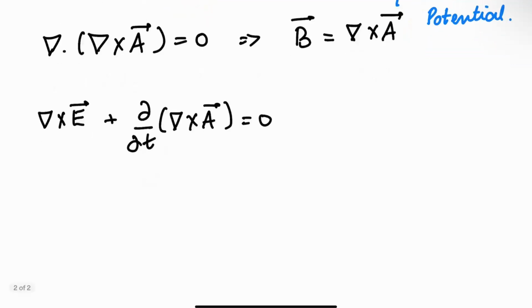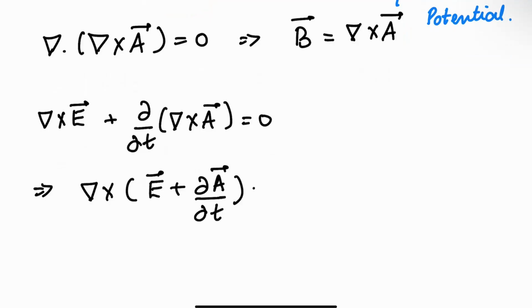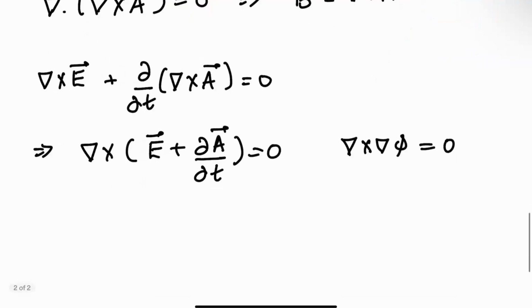Now I can take the curl outside and the derivative with respect to time inside, and that gives me curl of E plus dA over dt equal to 0. And once again, I know that curl of gradient of some scalar field phi is always 0. So I can write this as the gradient of some scalar field phi, right?